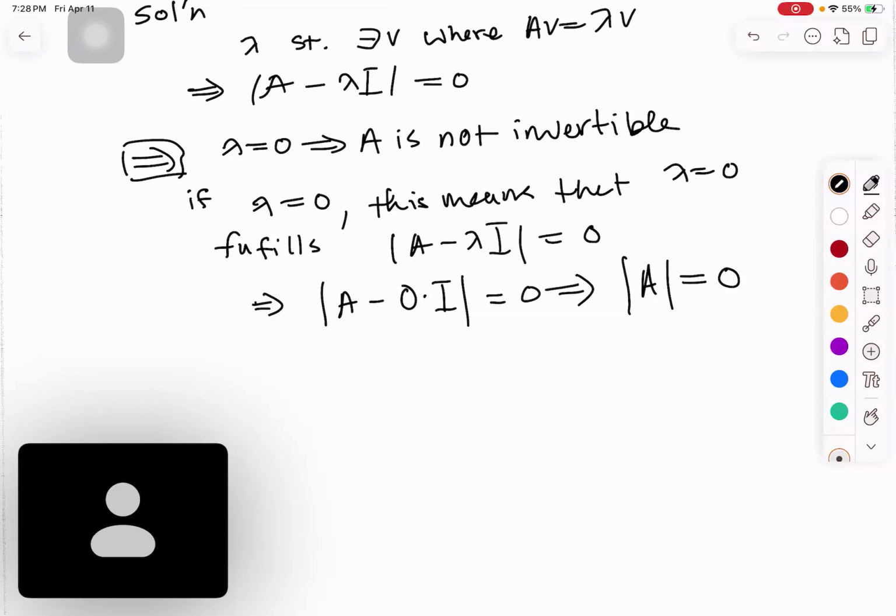Since we know that the determinant of A is equal to 0, we now know that A is not invertible, because by definition, an invertible matrix has a determinant not equal to 0.